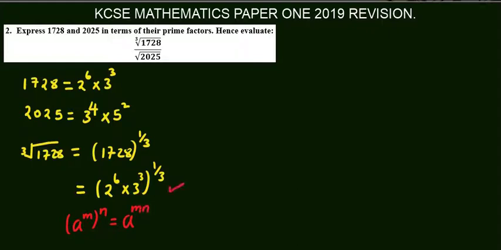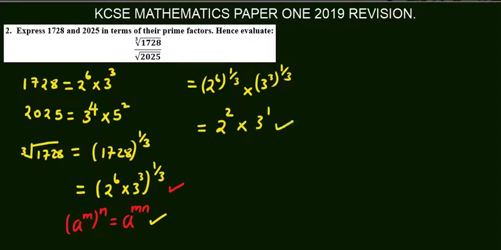So we are going to have 2 power 6 raised to a third times 3 power 3 raised to a third, and applying the law we will have 2 power 6 by a third, that is 2 squared, times 3 power 3 by a third, that is 3 power 1. So we're done in the numerator.